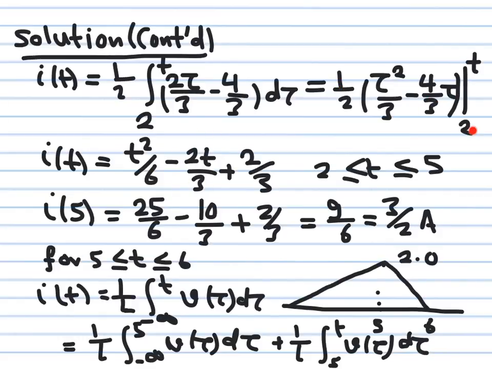Now, if you put 2, you get 4 over 3 minus 8 over 3. Okay, let's see here. So this becomes this one, and because you put upper limit minus lower limit, this will give me 4 over 3 for the upper limit. If you put 2 in this term, according to my calculations, I got 2 over 3 here. Let me double check this one.